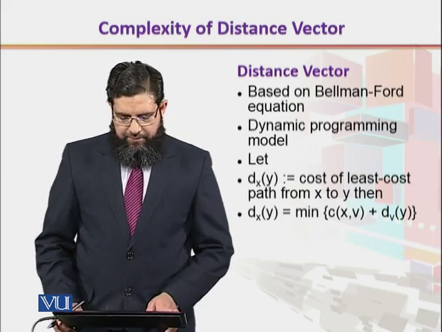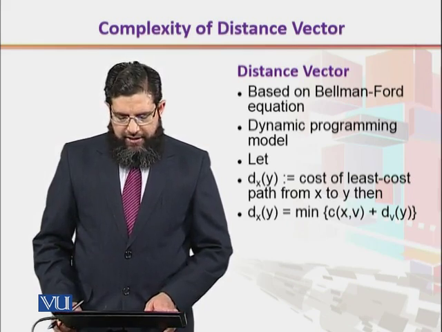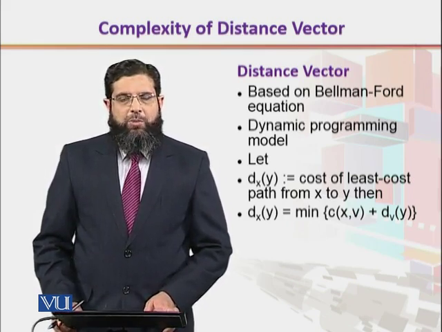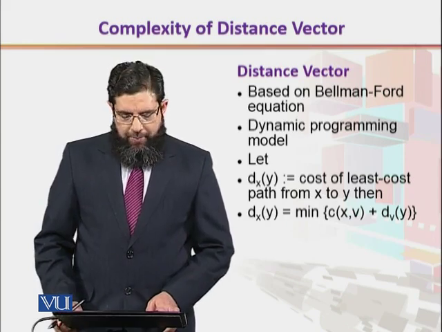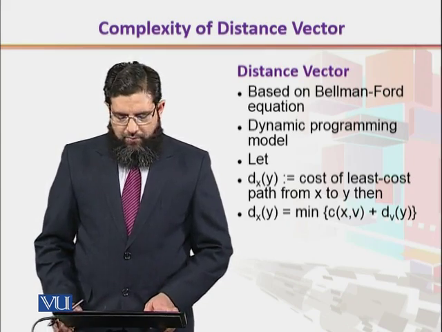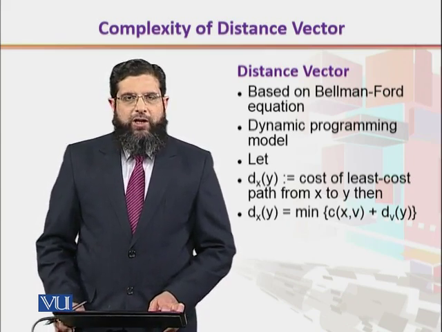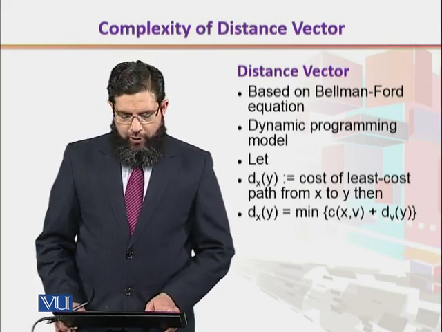to the other side. Let's assume that we are interested in determining the least cost path between a source X to a destination Y, represented as d_X(Y). It can be actually broken down into two costs according to the Bellman-Ford equation.